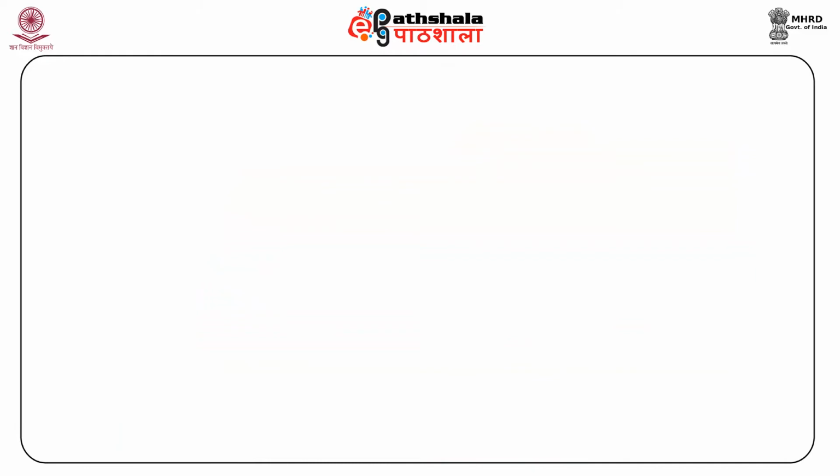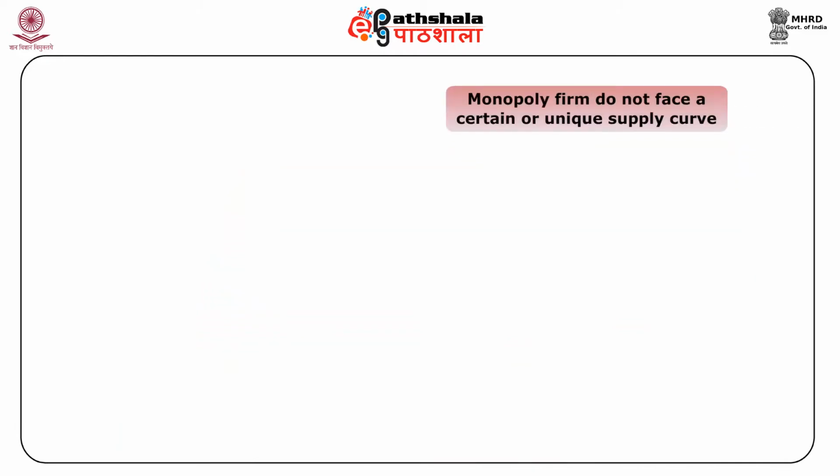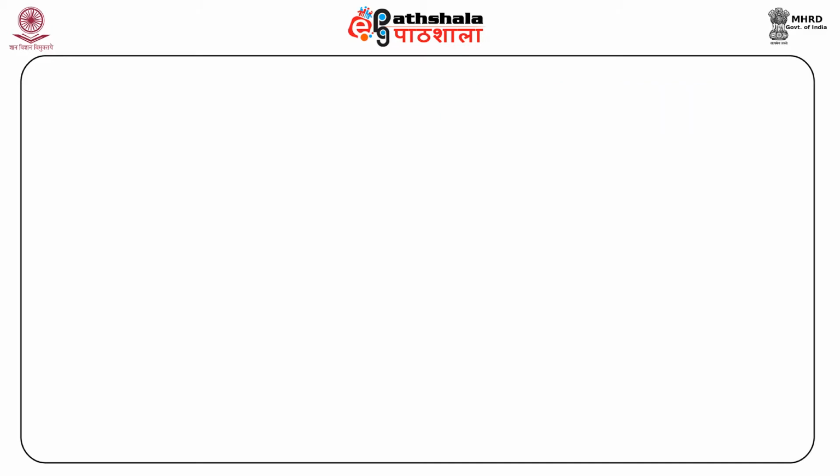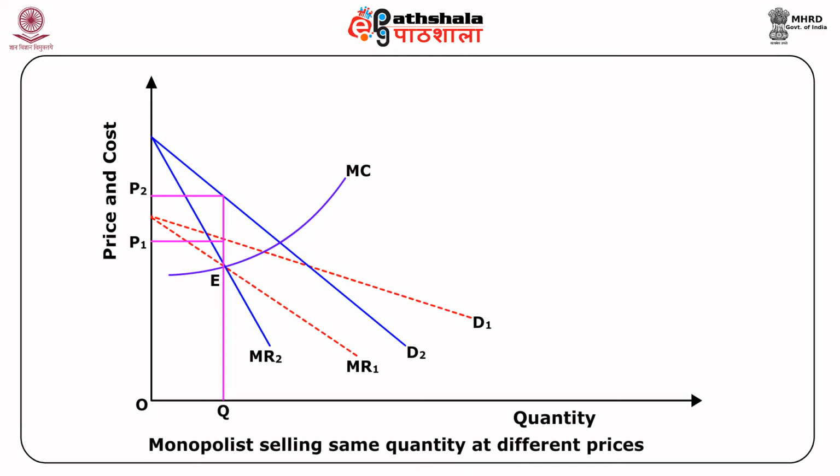Economists have found that a monopoly firm does not face a certain or unique supply curve because a monopolist has the power to discriminate price. That is, he can sell the same quantity of output at different prices and can sell different quantities of output at the same price. In order to show this, let us draw a diagram depicting a monopolist selling the same quantity at two different prices.